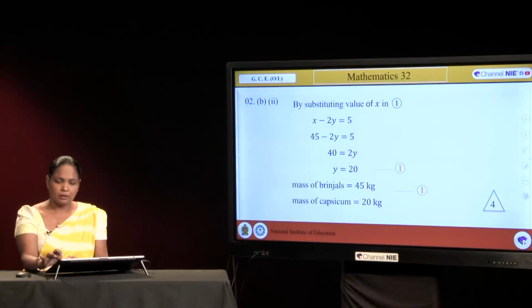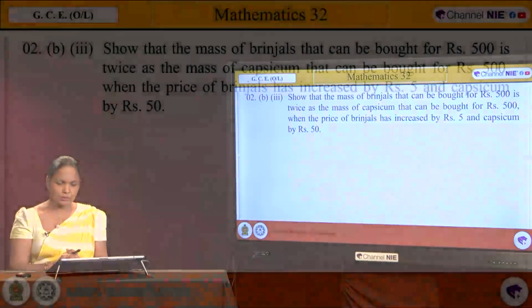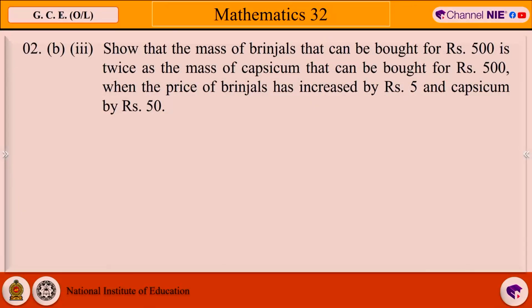Right. Okay. Now, in the third part, we have to show that the mass of brinjals that can be bought for 500 rupees is twice the mass of capsicum that can be bought for 500 rupees. Okay, when the prices are increased like this, right. Then earlier 1 kilo of brinjals was 120 rupees and 1 kilo of capsicum was 200 rupees.